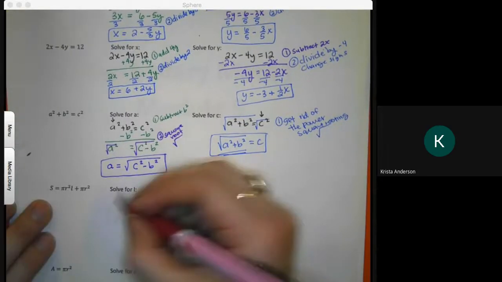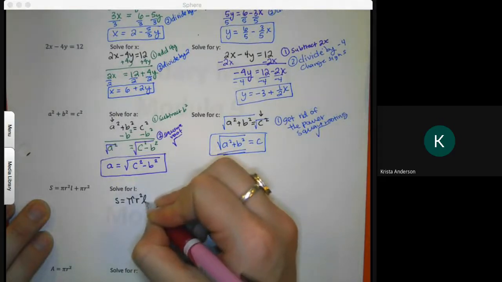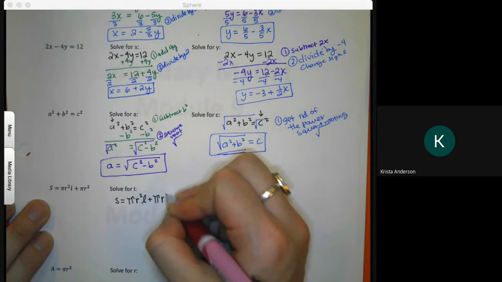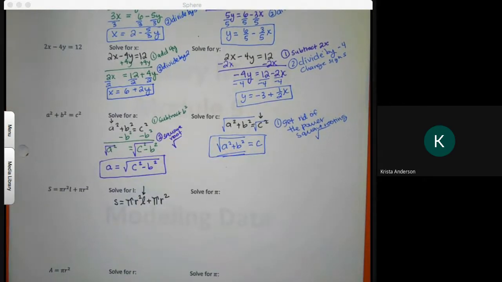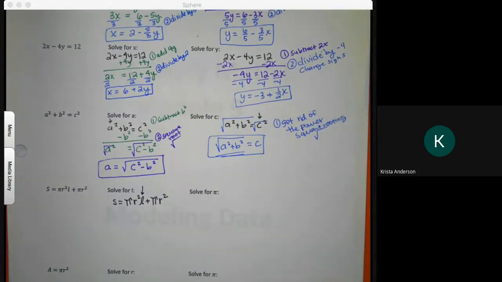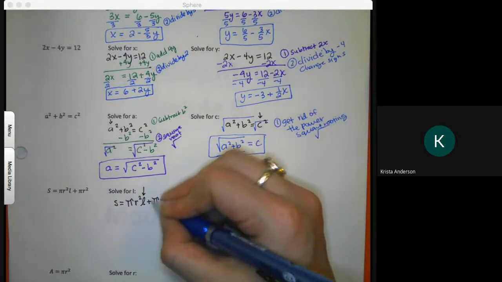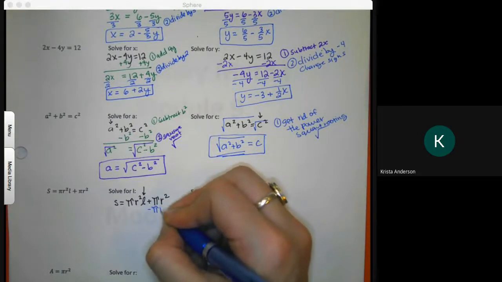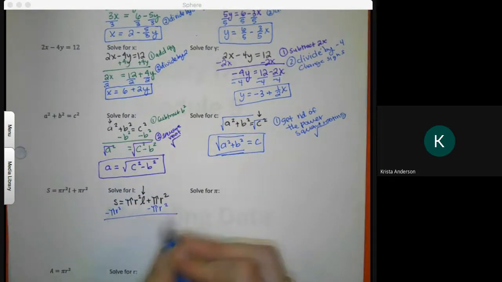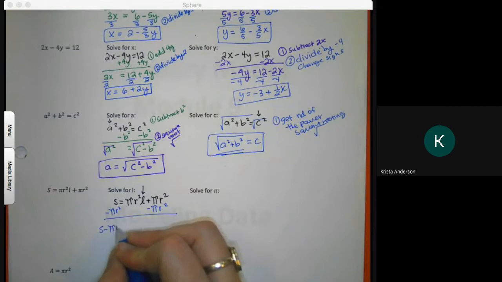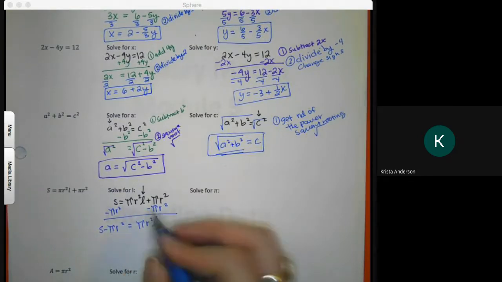I have s equals pi r squared L plus pi r squared. And it wants me to get the L by itself. In order to get L by itself, I first need to subtract, get rid of that plus sign. So that would give me s minus pi r squared is pi r squared with an L attached.